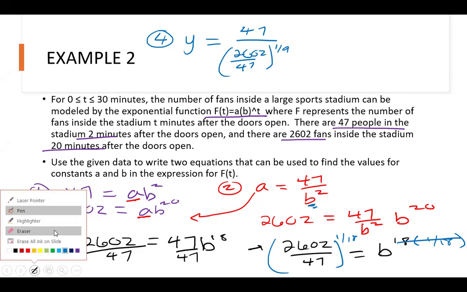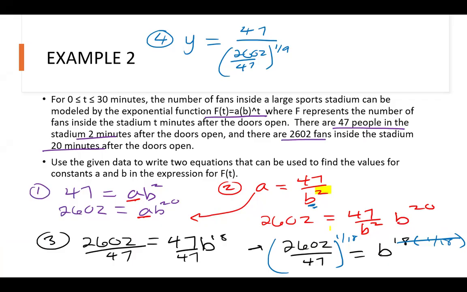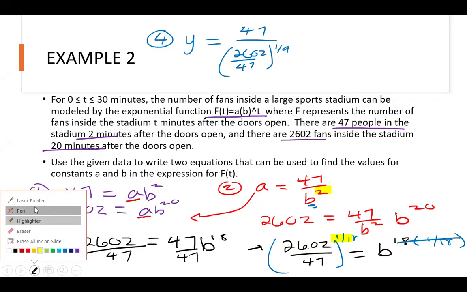I wrote to the 1/9 because this is b squared, right? And when I square 1 over 18, that becomes 2 over 18, right? By power rules, parentheses, right? It becomes 2 over 18, and 2 over 18 reduces to what? 1/9. So notice that I simplified that.